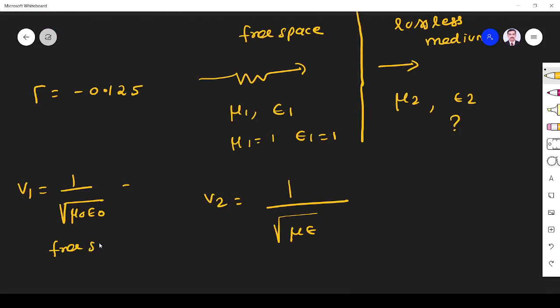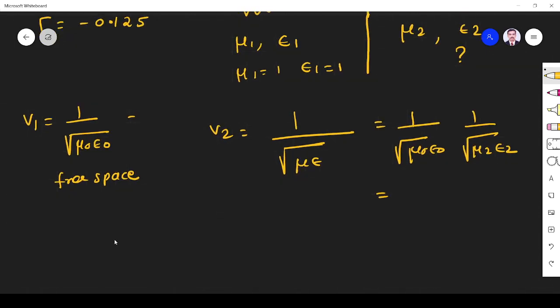Because it is free space. Here root of mu epsilon, that I can write as root of mu naught epsilon naught into root of mu r epsilon r, where mu is equal to mu naught mu r. So mu naught and mu r I write as mu 2 epsilon 2. So this is the second one.